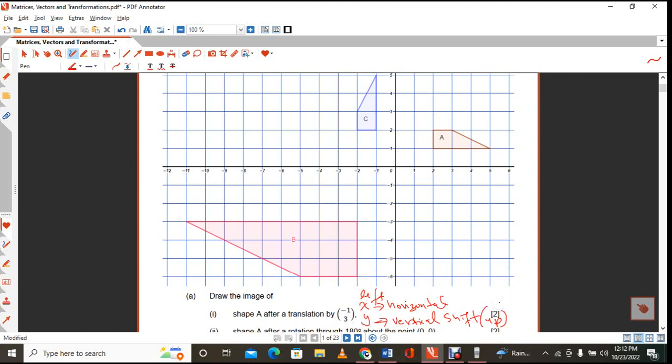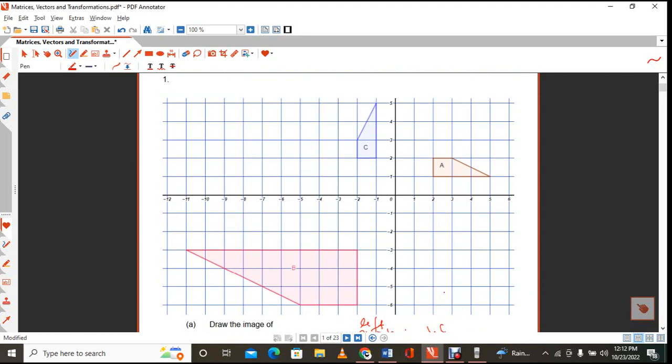Okay, so we're gonna go then -1, each point -1, 3. So if I was to choose this point, I'll go -1, then I go 1, 2, 3 places up, so that point will be here. If I take this point, -1, then 1, 2, 3 up, that point will be all the way up there. The same happens here, -1, then 1, 2, 3, it's always up there. You can actually complete the diagram now. So this is going to be -1, then it's 1, 2, 3, so it's all the way up there.